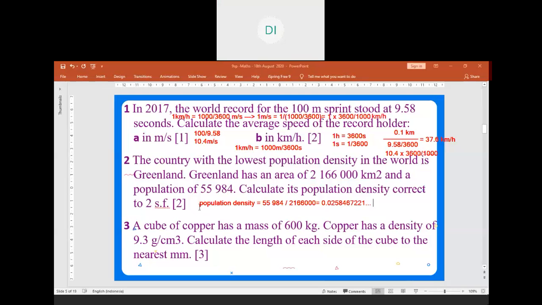If we round it off to two significant figures, it will be 0.026, because the 0 at the front is not counted. The significant digits start from the number 2, because we have to find two significant figures. After 2 is 5, and after 5 is 8, so the 5 goes up and becomes 6. That's why the answer is 0.026 people per square kilometer.